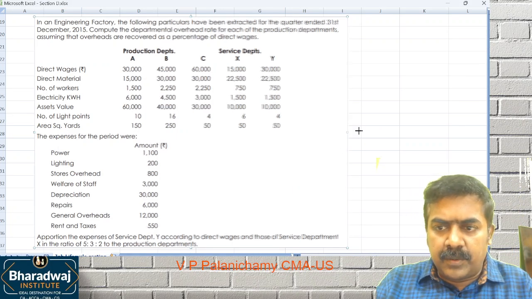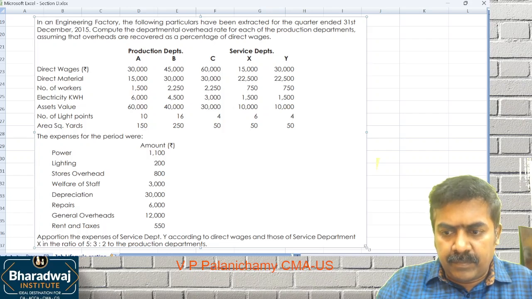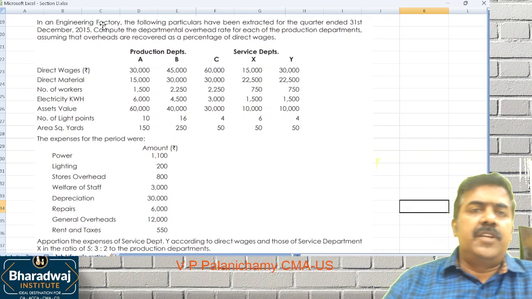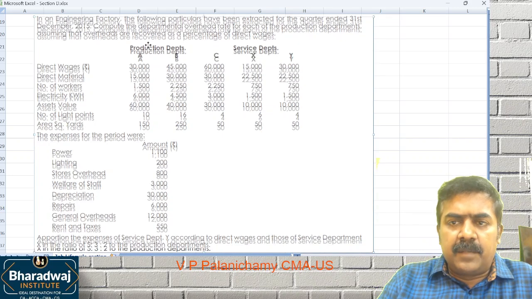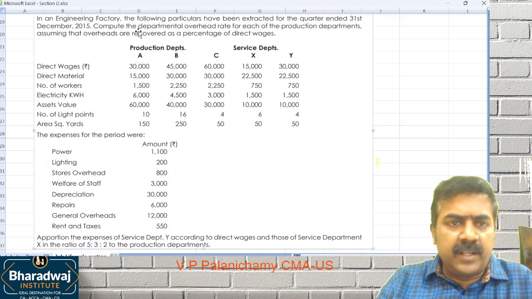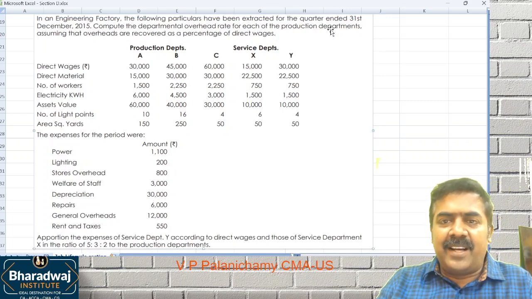Look at this question. In an engineering factory, the following particulars have been extracted for the quarter ending 31st December 2025. Compute the departmental overhead rates for each of the following departments.